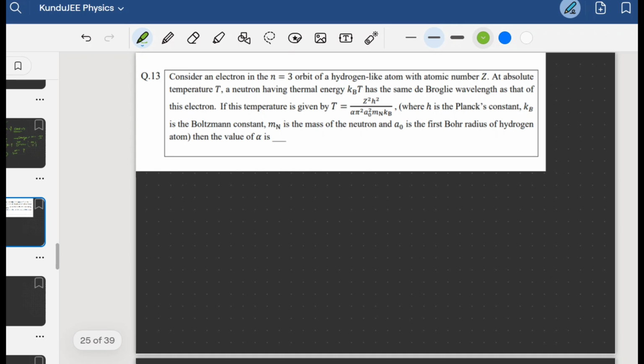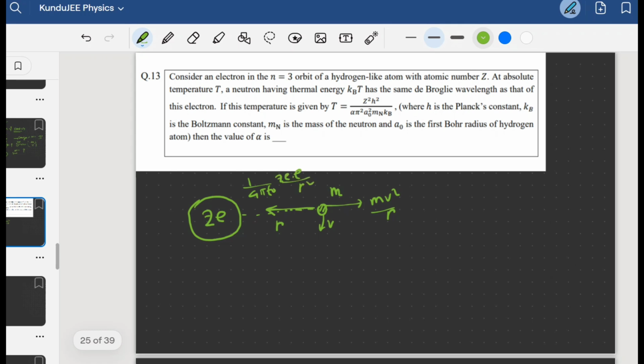So first we'll consider that this is a nucleus. Let's say the nucleus is having charge of Z into e and one electron is there at some distance r. It is rotating keeping this radius with velocity v, and if the mass of the electron is m, then we can write that mv square by r, that is the centrifugal force, will be balanced by the electrostatic force towards the center, that is 1 by 4 pi epsilon naught Ze into e by r square.